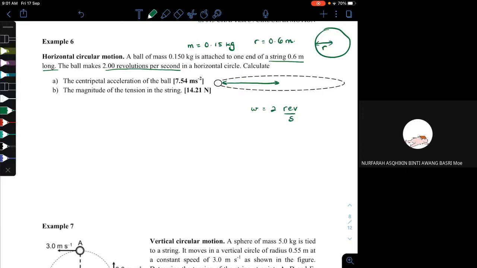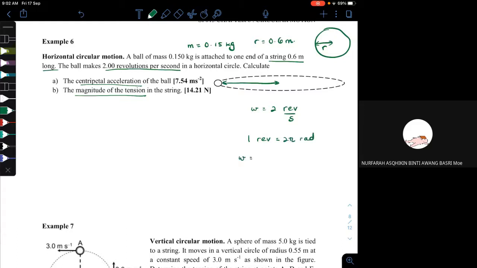Then it asks for the centripetal acceleration and the magnitude of the tension. Again, it's just the same as chapter 4 where you have to find the value of acceleration and the value of forces. The steps are the same. First we convert. We've done it before but I'm going to write it down again. 1 revolution is 2 pi rad.